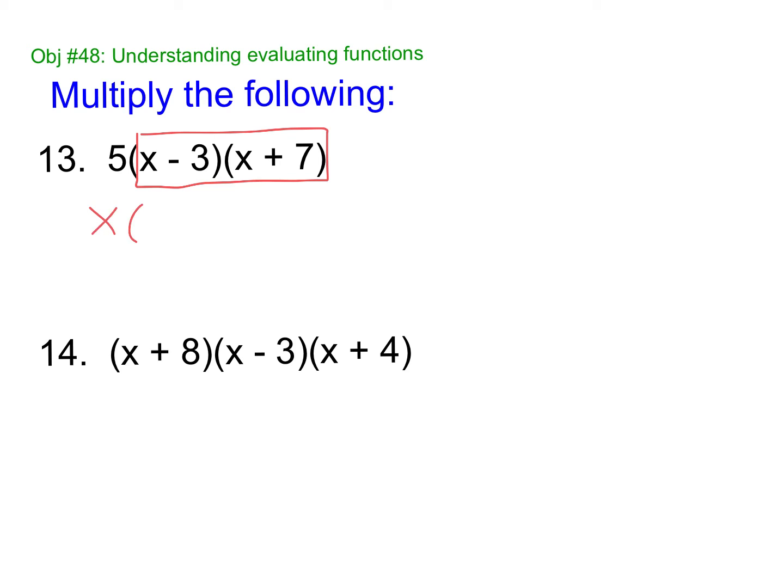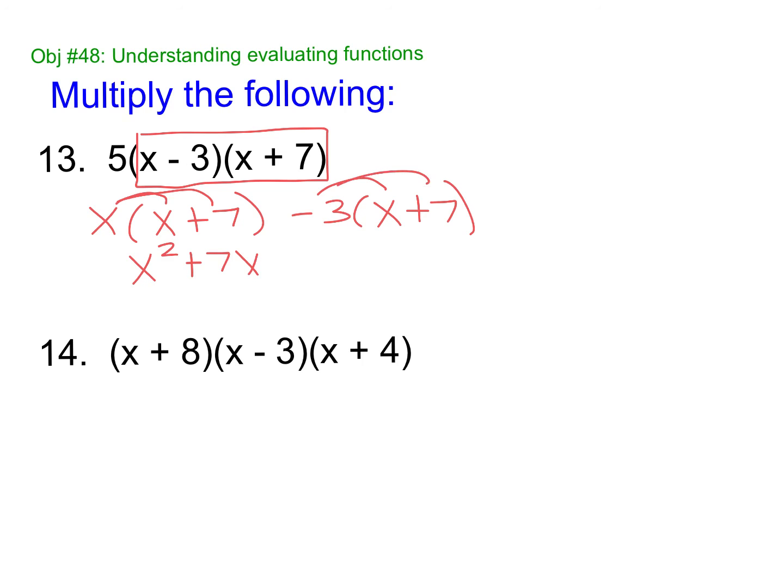So (x + 7)(x - 3). Go through and multiply those out and simplify. Distribute: x squared plus 7x minus 3x minus 21. And then I'm going to combine like terms.